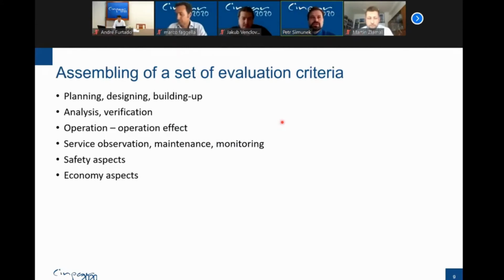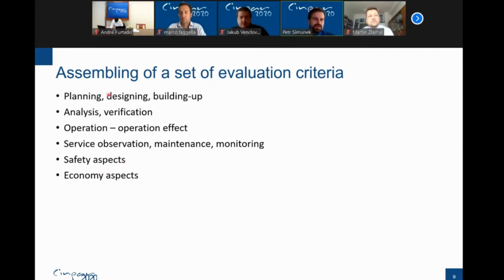For each member I mentioned above, we assemble a set of evaluation criteria. The sets are in the areas of planning, designing, building up, analysis, verification, operation effect, service observation, maintenance and monitoring, and safety aspects and economy aspects.